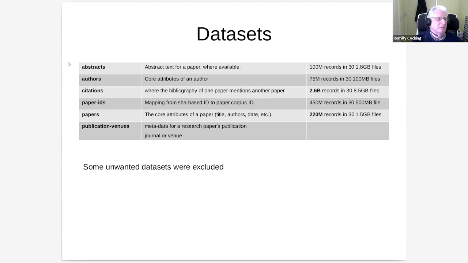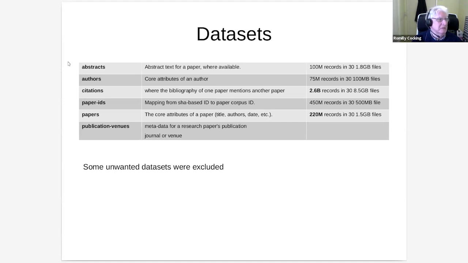One is referred to as a SHA, which I think is based on the SHA cryptographic signature of each paper, but everything else is linked to by a unique ID called the corpus ID. And the paper IDs table allows you to go from the SHA-based ID, which is what you see on the web, to the corpus ID, which everything else uses.